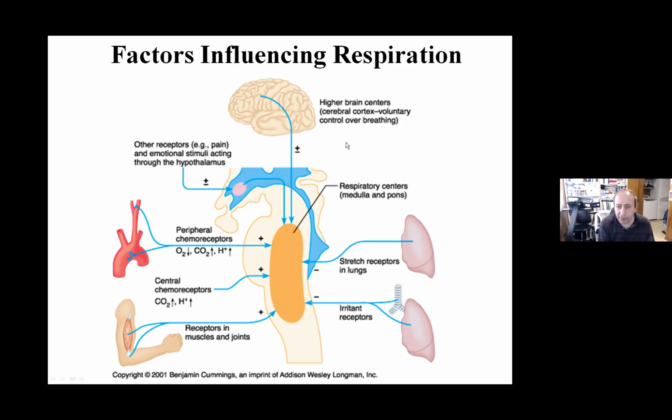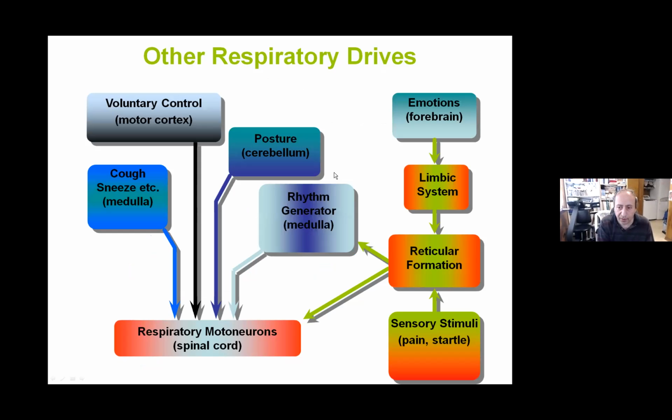Also, higher brain centers can control breathing. If you do yoga or any kind of meditation exercise, you can control your breathing rate. The higher centers can also control respiratory drive. Our emotions matter: if you are stressed, you start breathing rapidly.